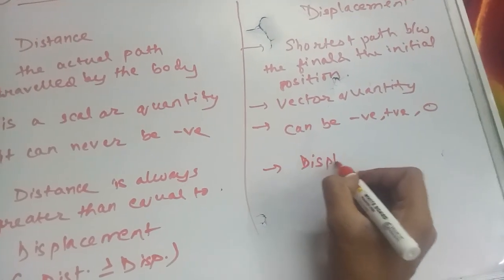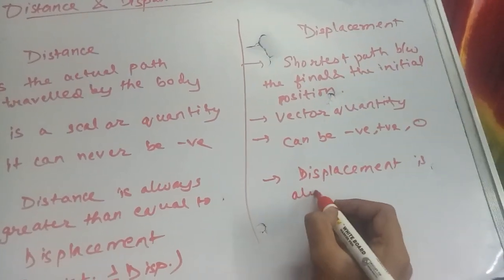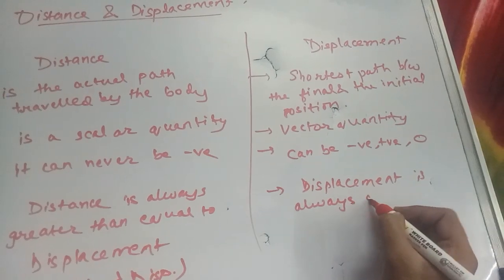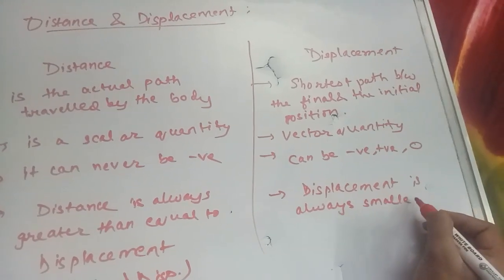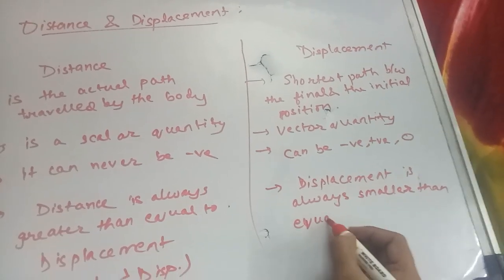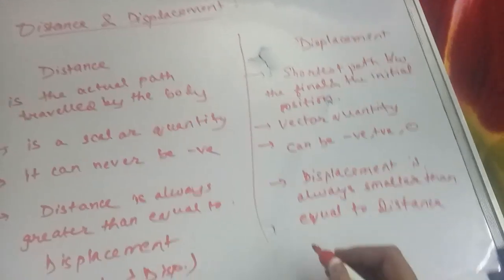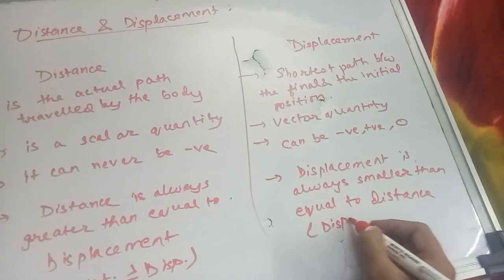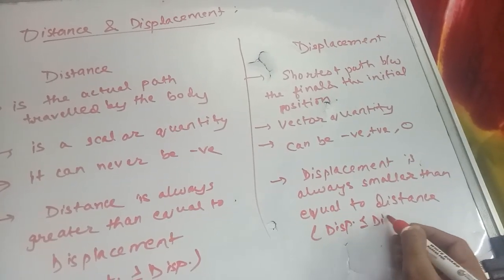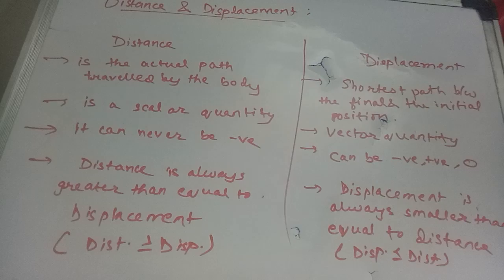Displacement is always smaller than or equal to distance, or displacement is smaller than or equal to distance. This was the difference between distance and displacement.